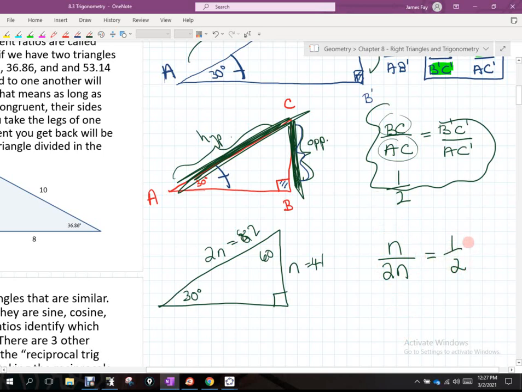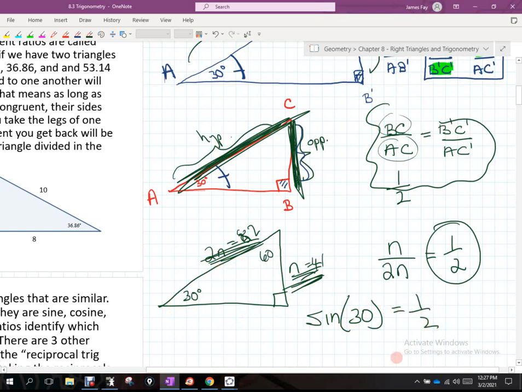So now I need a tool that links me to that 1/2, and it links me to dividing the opposite by the hypotenuse. So that tool, that notation that we use, we say it's the sine. We focus on the angle of interest that identified this to be the opposite and that to be the hypotenuse. And we get sine of 30 equals 1/2.